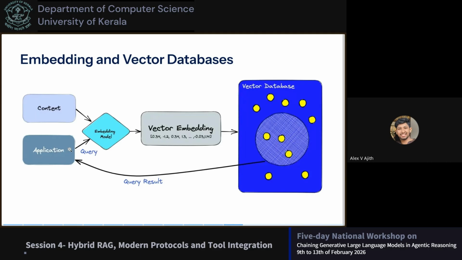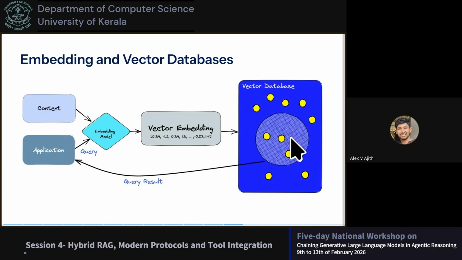When a question is queried, like who was maybe the mother's name of Harry Potter, that English language will be converted into a vector embedding by an embedding model, and that query embedding will be looked up in the vector database.